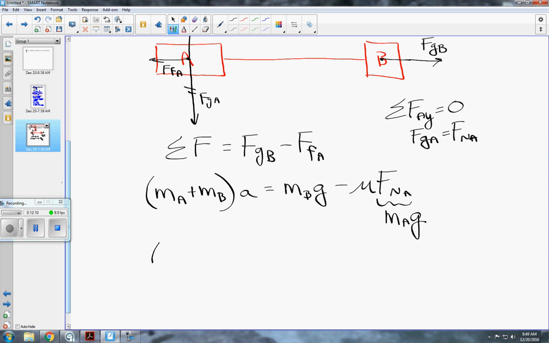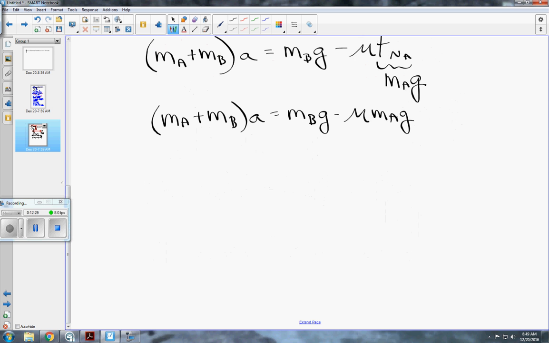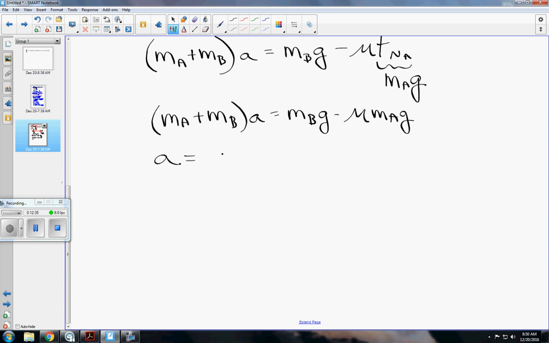So we can rewrite that as mass A plus mass B times acceleration equals mass B times gravitational field strength minus mu times mass A times gravitational field strength. And then we've just got to solve for a. So we divide each side by mass A plus mass B, and we get a equals, and I'm also going to pull out my g up here.